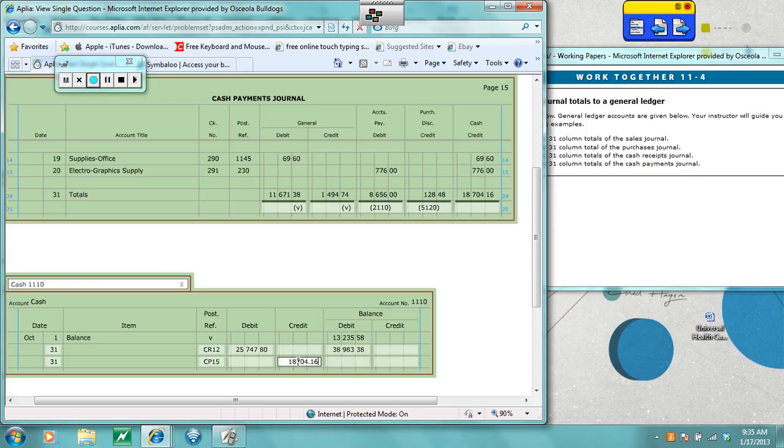Here's a debit, a credit. Which one's bigger? Well, the debit is. They're opposite, so we subtract. We come up with a new balance of $20,279.22. Take this account number, put it in parentheses, and I think we're done.